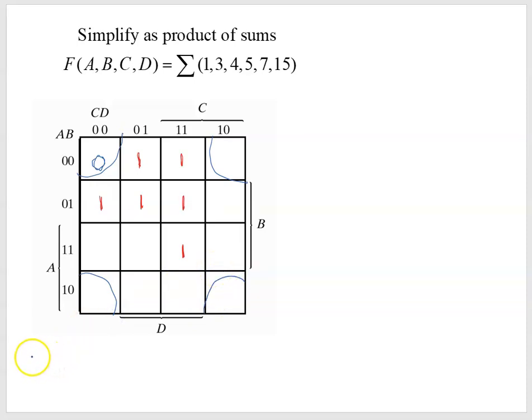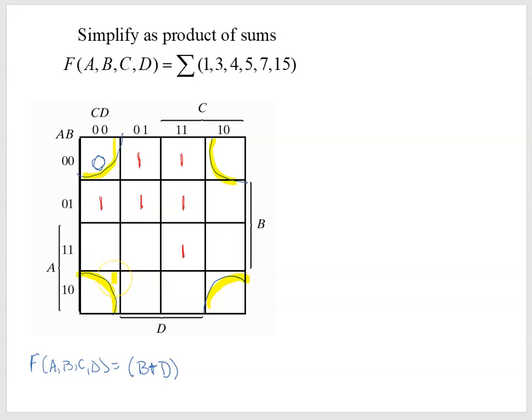So if we were going to use our max products, we'd say that our function, a function of A, B, C, D, we'll write that out. What we covered there, as a product term, would be B prime D prime, but as a sum term, it's B or D. And then we're going to AND that. So that's this here, and we've covered all these cells.